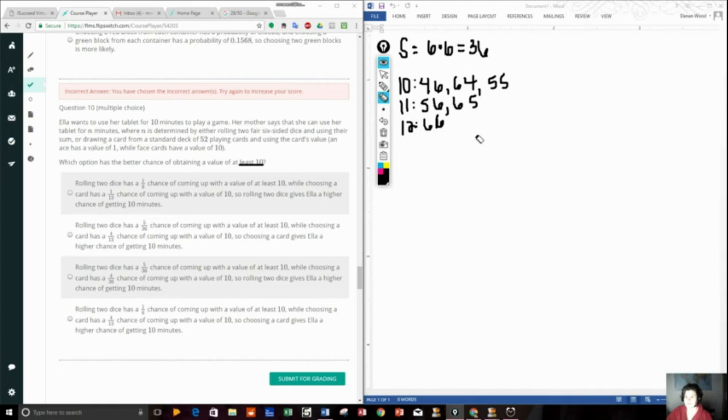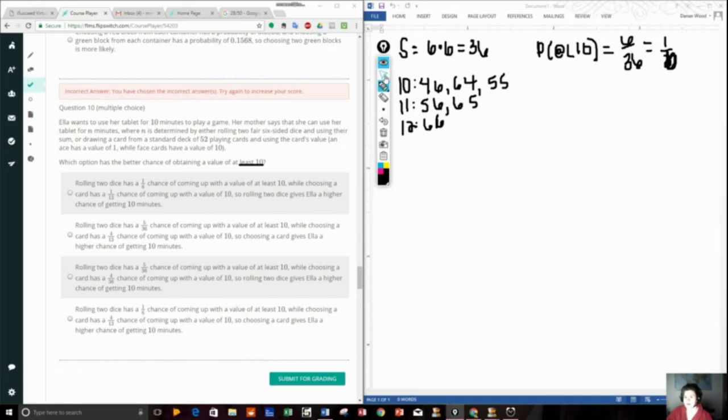There's 6 different ways to make at least a 10. So the probability of at least a 10 is going to equal 6 out of 36, which is going to equal 1 out of 36. I mean 1/6.